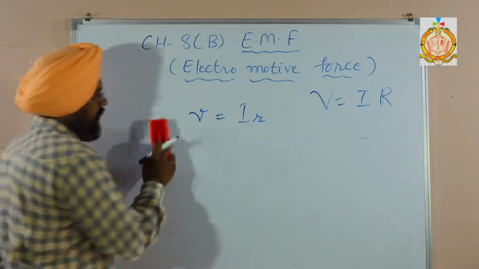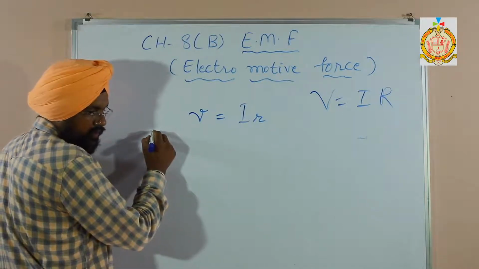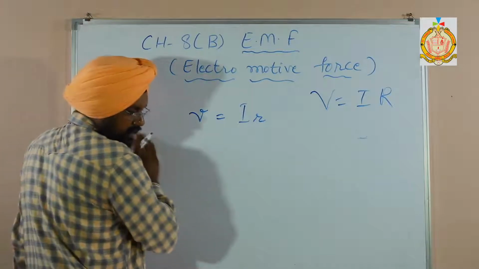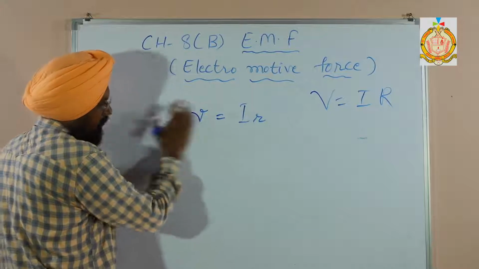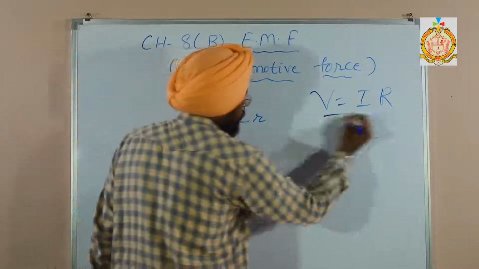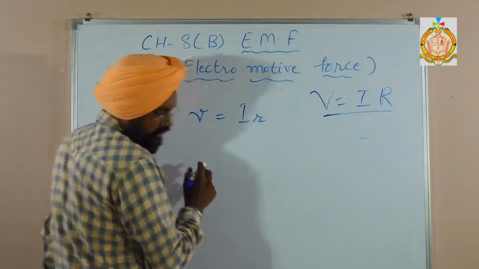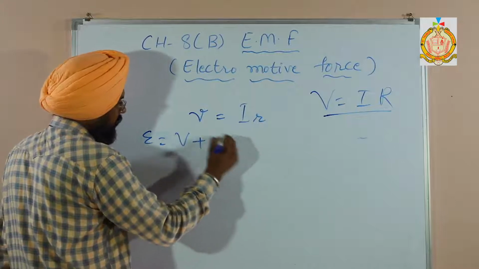Total resistance is equal to R plus r. We can start from V equals IR, or small v equals I r. So epsilon is equal to V plus small v.